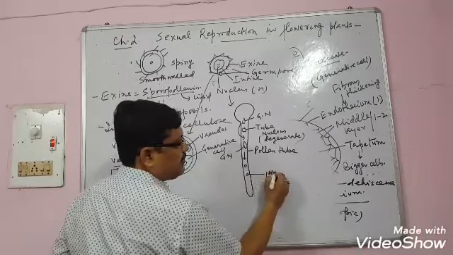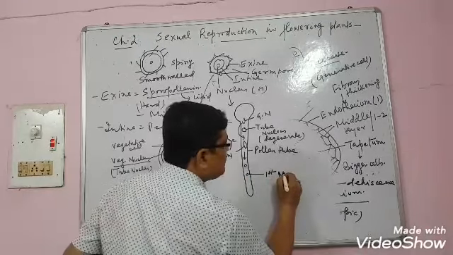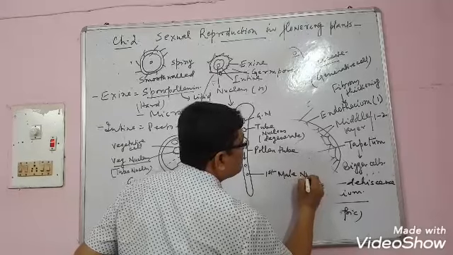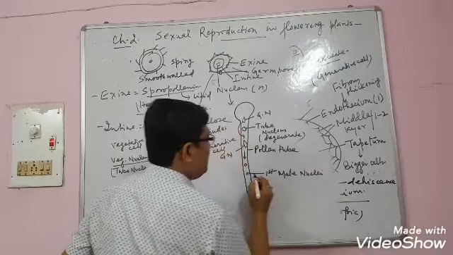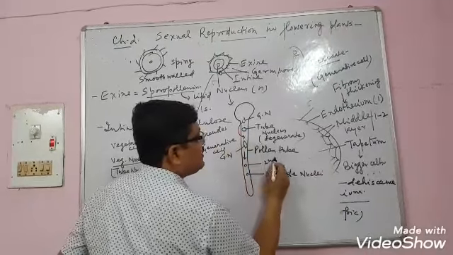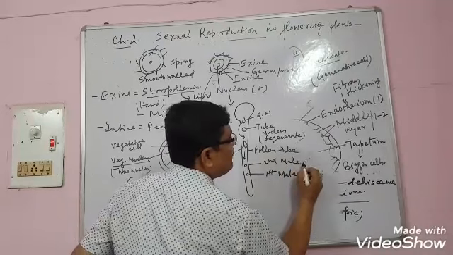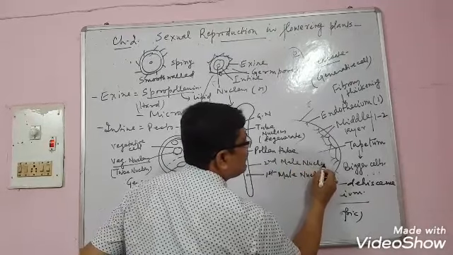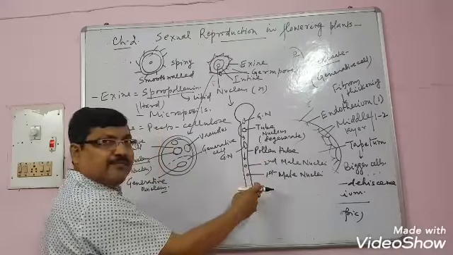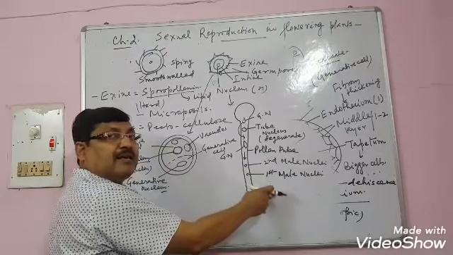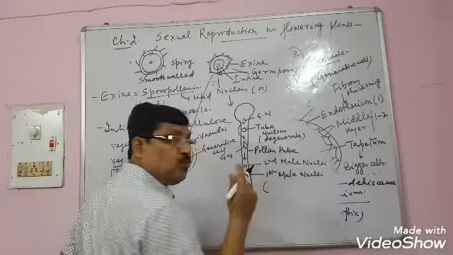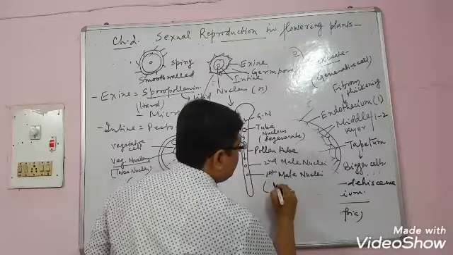This is the first male nucleus. This is the second male nucleus. And finally, both nuclei are termed as two male gametes.